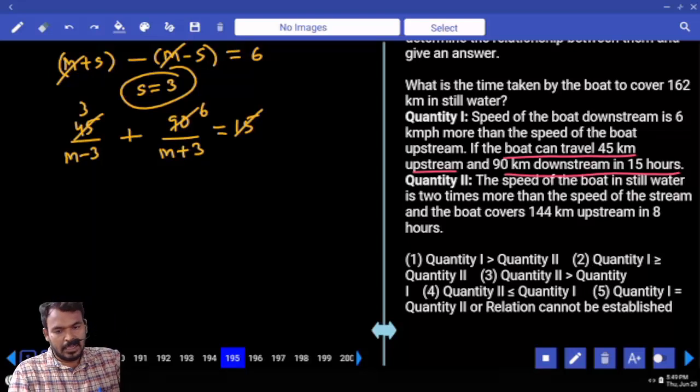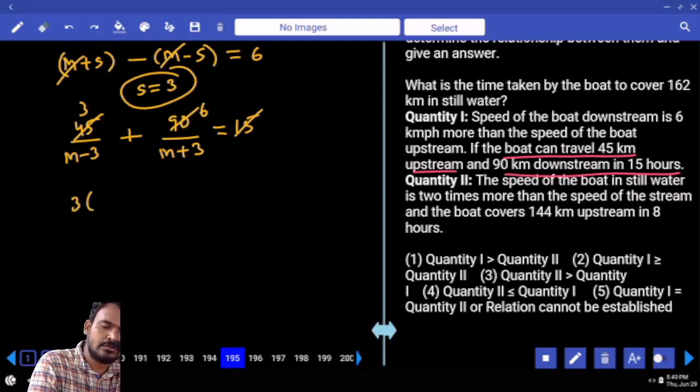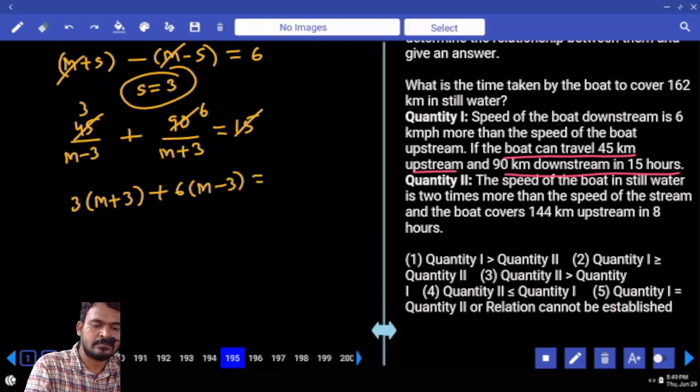Okay. And take the M value. First one 3 into which one? M plus 3. Second one 6 into M minus 3 equals M square minus 9.